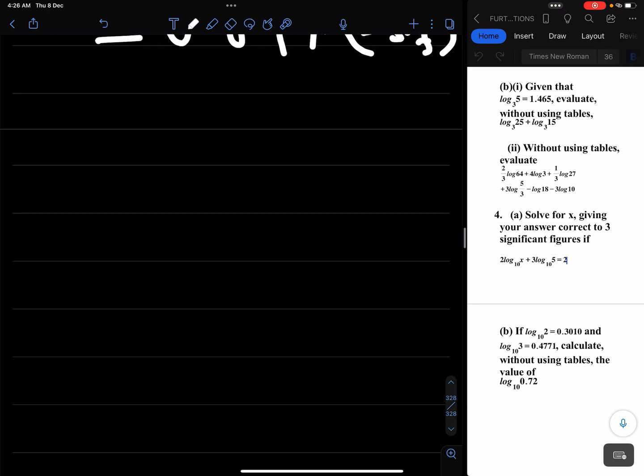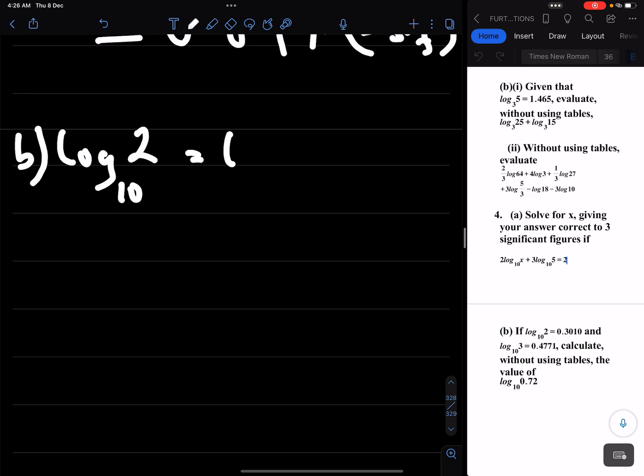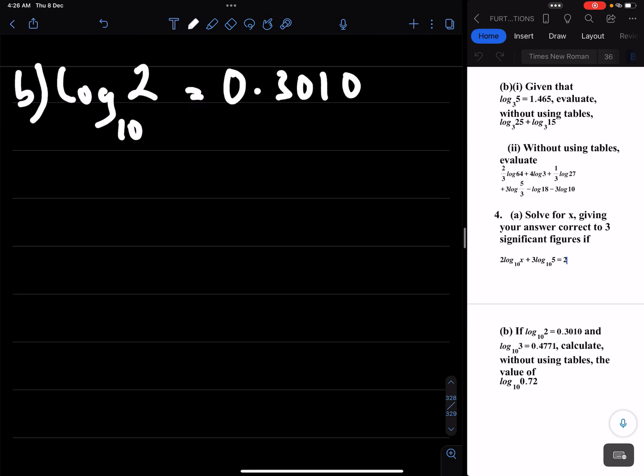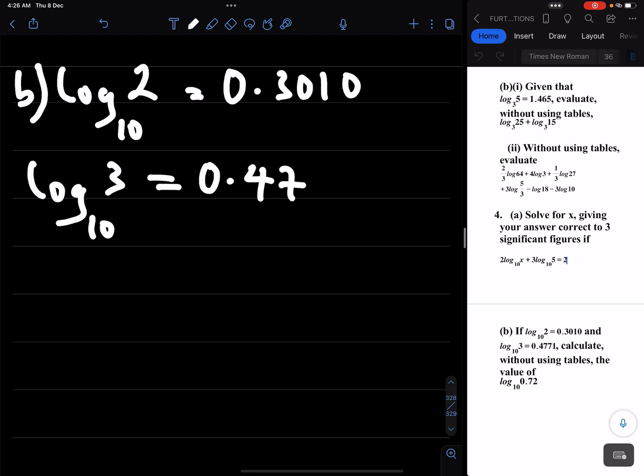Alright, so the very last one, which is 4b, given the log 2 base 10 is equal to 0.3010 and log 3 base 10 is equal to 0.4771.